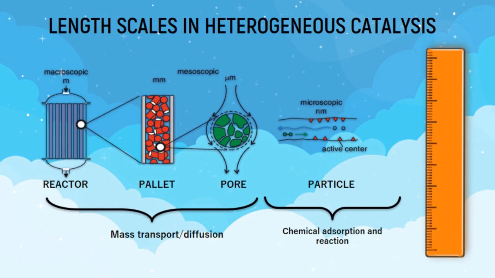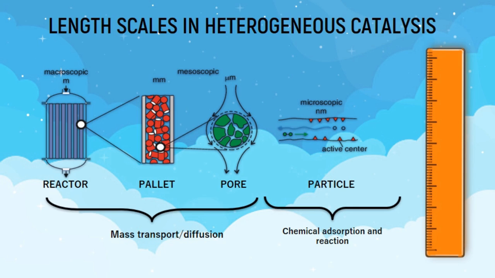Next, we are going to look into length scales in heterogeneous catalysts. For the first figure, we can see the reactor. The reactor is basically in meters, and if we zoom in and look into the reactor, we can see the catalyst itself, which is in pellet size.